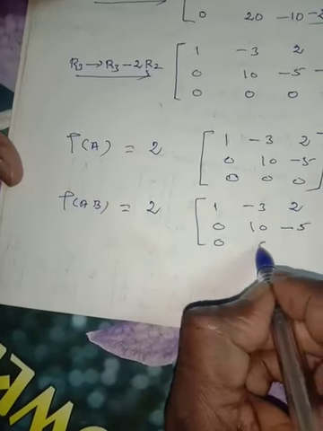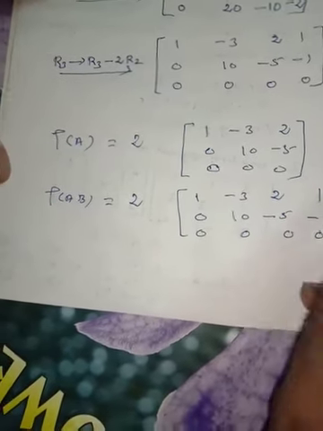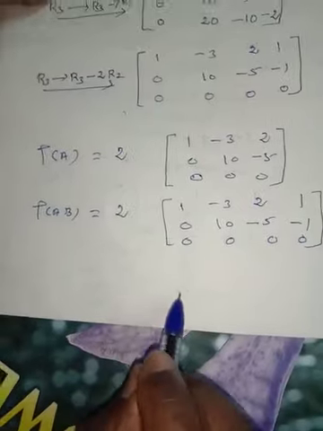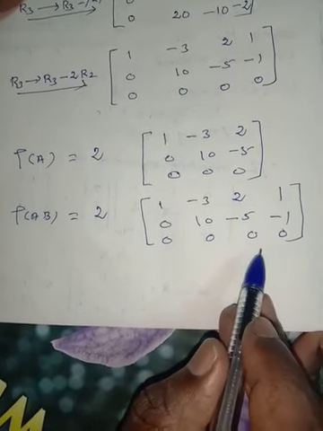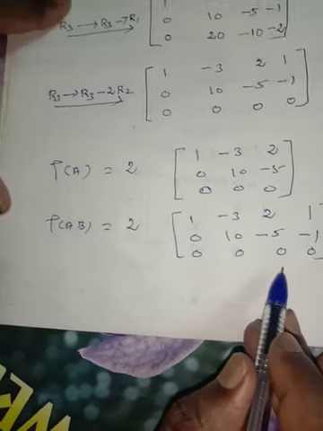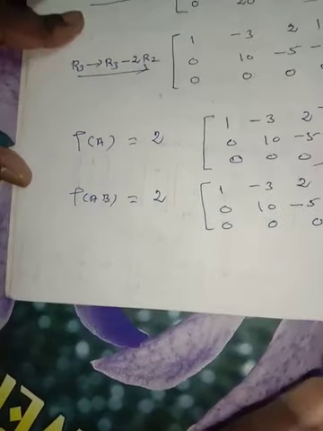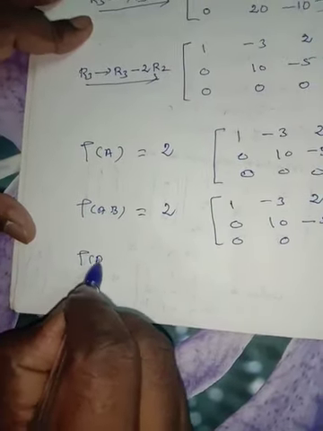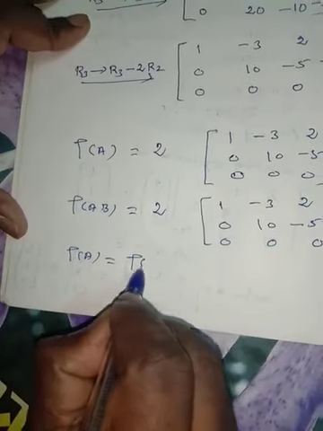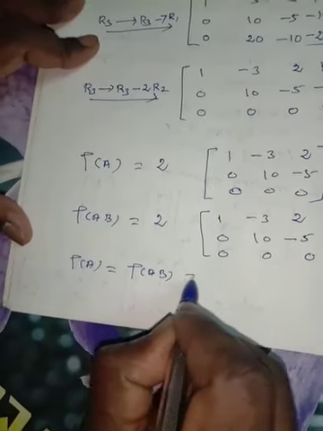Third row 0 0 0 0. So the number of non-zero rows is 2. Rank of the matrix A is equal to rank of the matrix AB is equal to 2.